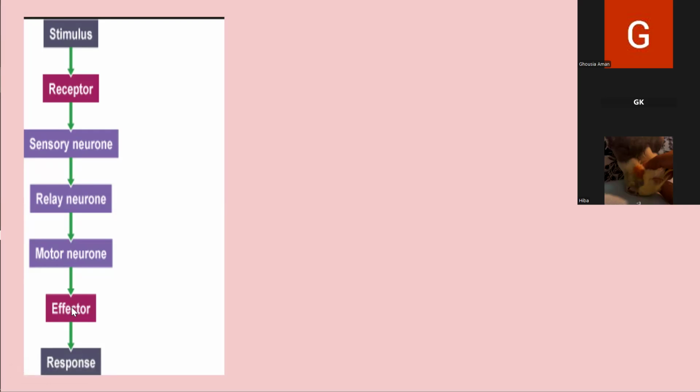this time I'm using a specific example. Let's say the stimulus is the bright light falling in your eyes. So the stimulus is the light. Who is the receptor? Eye is the receptor. And then from eye, the impulse will move via sensory neuron.